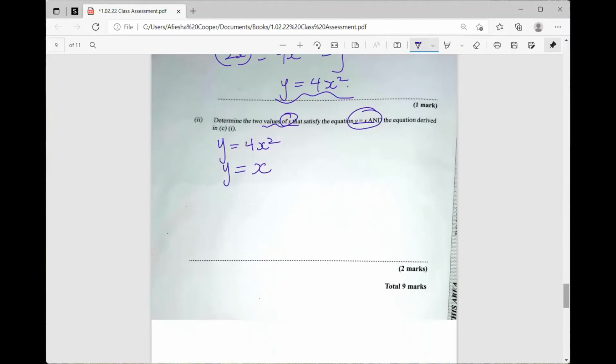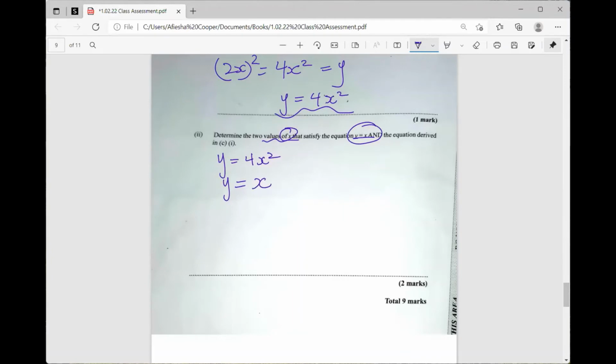All right, what does this look like? They're asking for two values of x from two equations: y is equal to x and y is equal to 4x squared. Who can tell me what it's looking like? You should be jumping at me, giving me answers. Simultaneous. What's the first step? What's next, Tiffany?